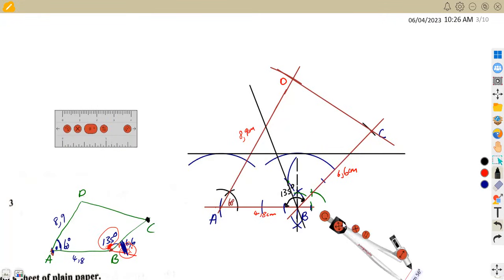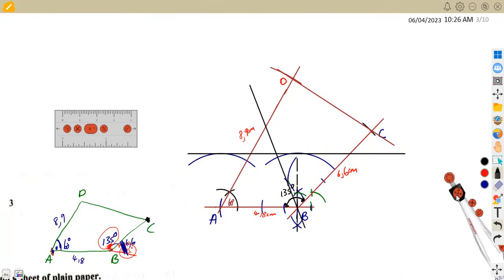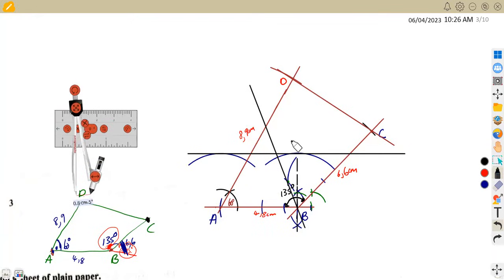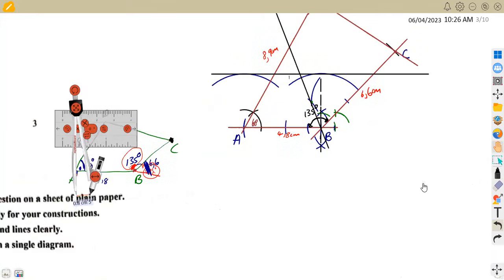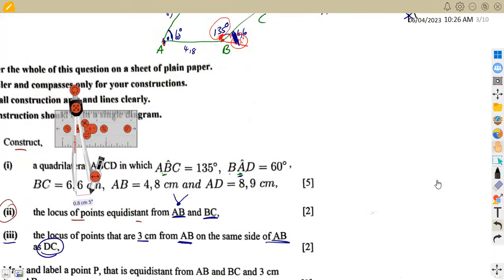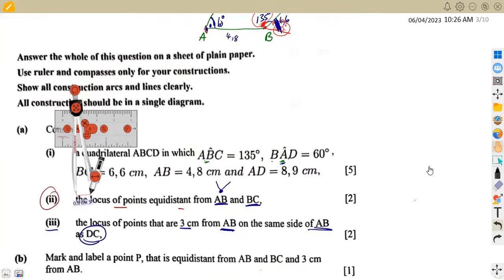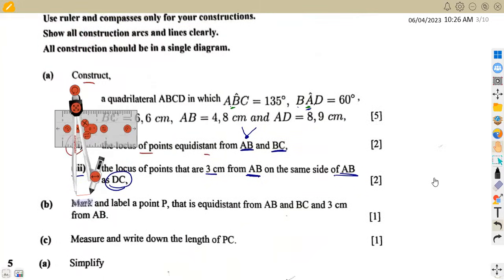As we can see, it is parallel to AB, but not a pair of parallel lines, it is just on top, on the same side of AB as DC. So if you measure from this point to this point, it is 3 centimeters. From any point on this line, as long as you're coming from AB, it will be 3 centimeters. That's how we construct the locus of points equidistant from a line. I mean from a line, not a fixed point. A fixed point, that's a circle. All right, sorry for that.